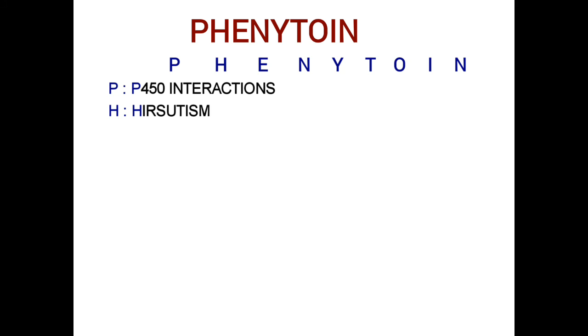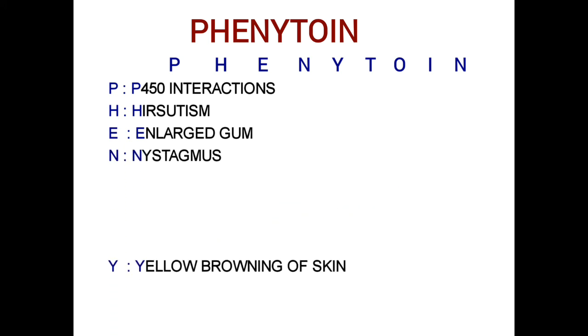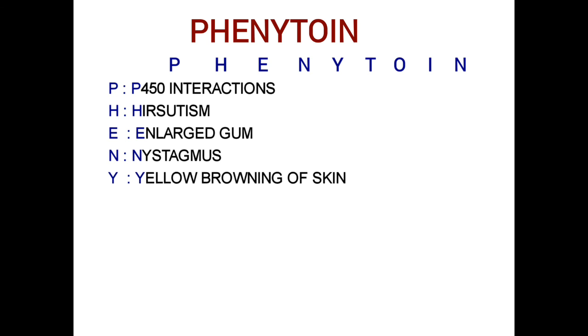With H, hirsutism, that is increased hair growth. With E, enlarged gum, that can be called gum hypertrophy. In pharmacology textbooks, you can see gum hypertrophy as an adverse drug reaction of phenytoin. That can be remembered by using the third letter E. Clear? And N, nystagmus. And with Y, yellow browning of skin, discoloration, color changes of the skin.